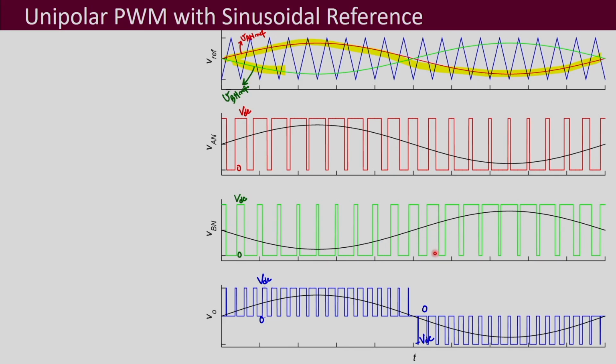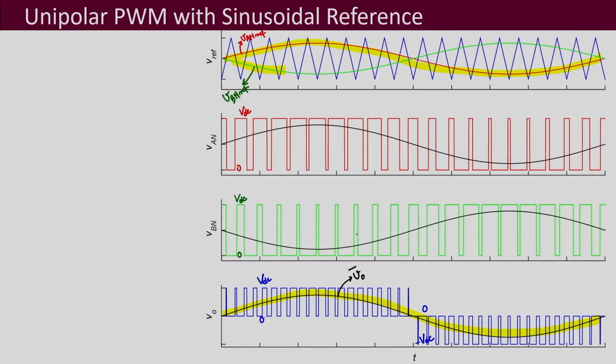Here VBN has got greater width than VAN, and so accordingly it varies from 0 to minus VDC. Then if you take the average of this switched voltage waveform, this is what you are going to get, and that is your VO bar. Average means here average over one switching cycle.